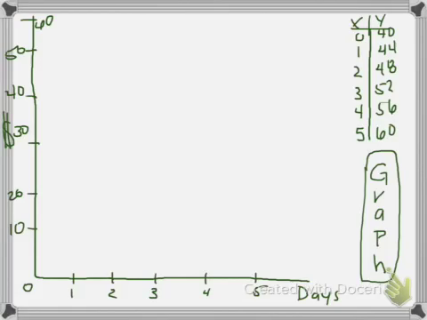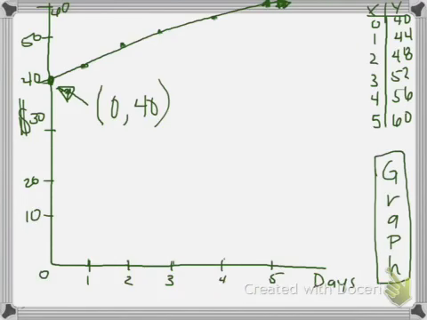Now that the graph is set up, just plot your points from the XY table onto the graph. When you are done, your graph should look like this. Remember, at day 0, he already has $40, so we plot (0, 40) at the beginning.